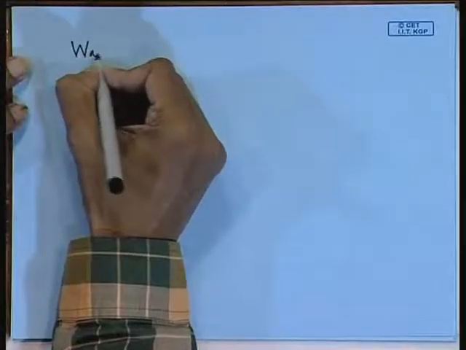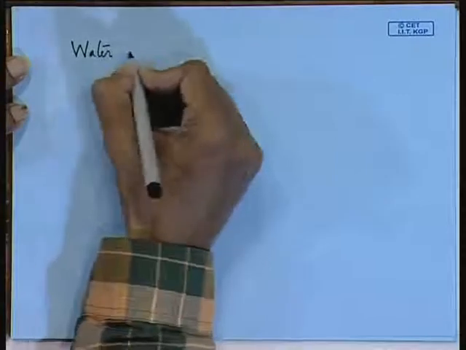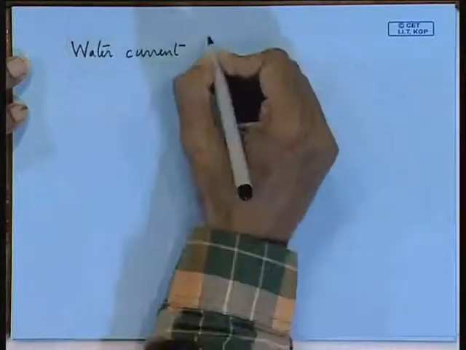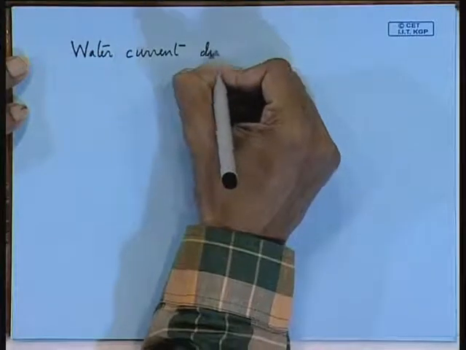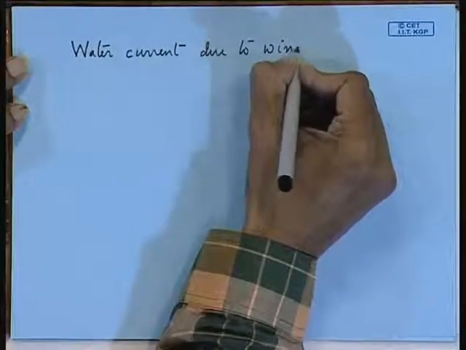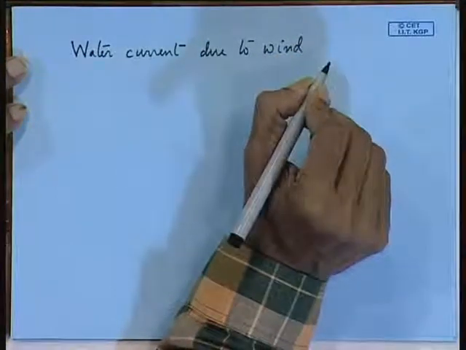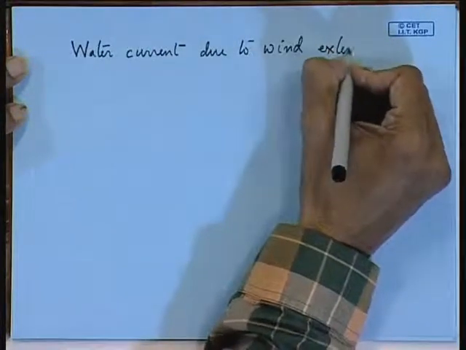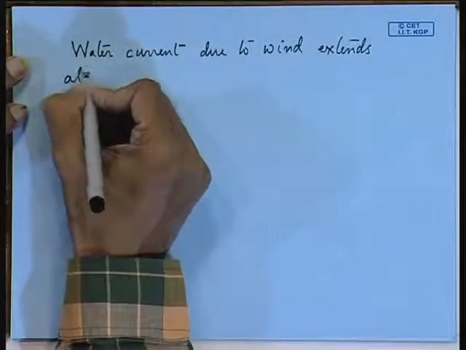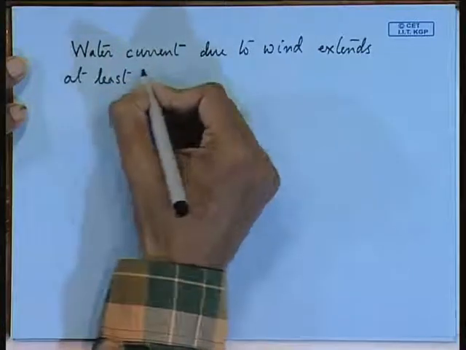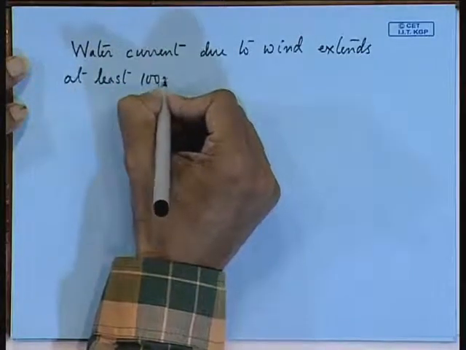So, water current due to wind extends at least 100 meters below surface.